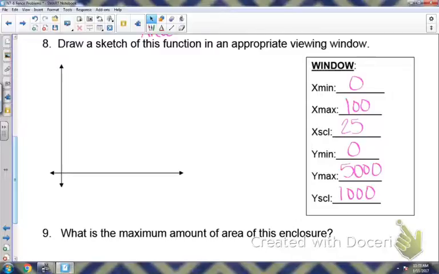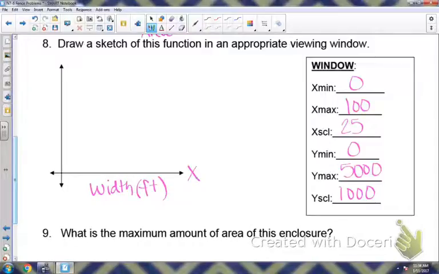Go ahead and label. X is still going to represent your width in feet, and your y is going to represent your area in feet squared, okay, or square feet. All right, so let's go ahead and label your x and y axis. So our x is going from 0 to 100, increasing by 25.